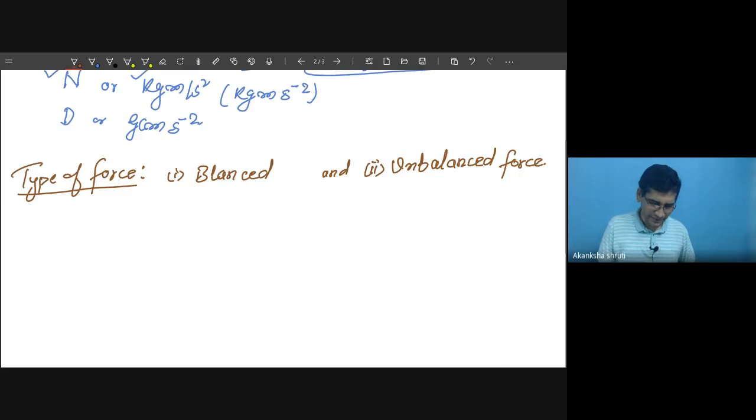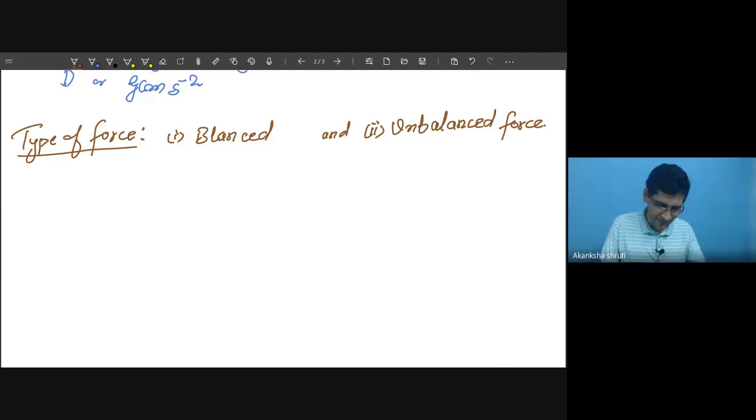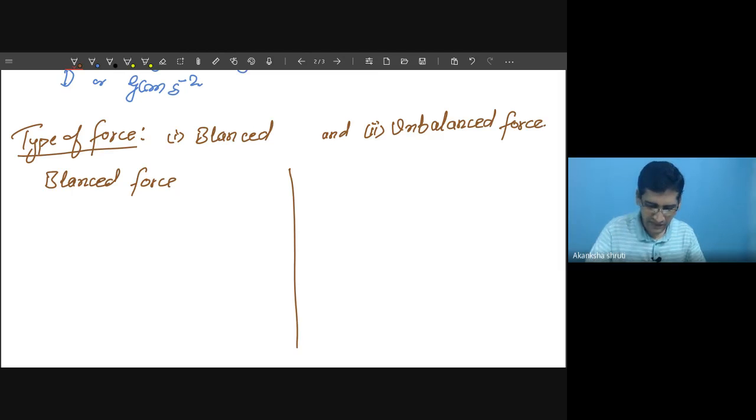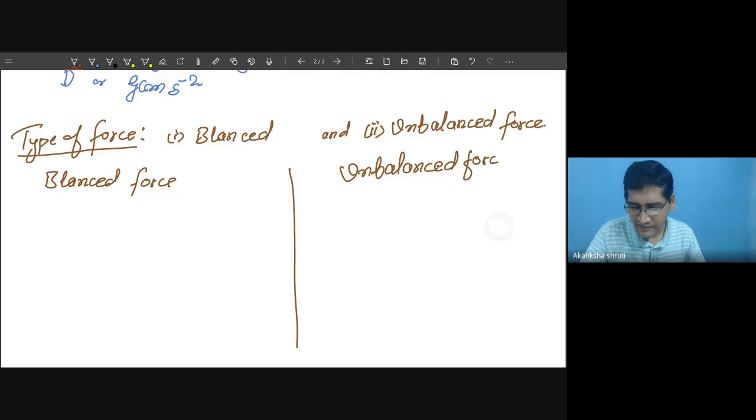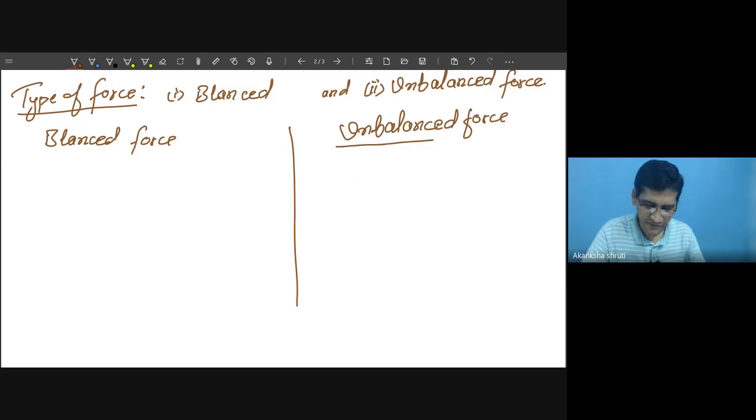Students, what is this balanced force and unbalanced force? I will write the difference here. So let me take this balanced force on the left hand side and unbalanced force on the right hand side. So we are going to write point by point.